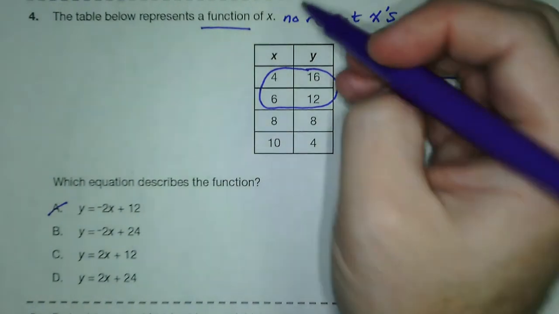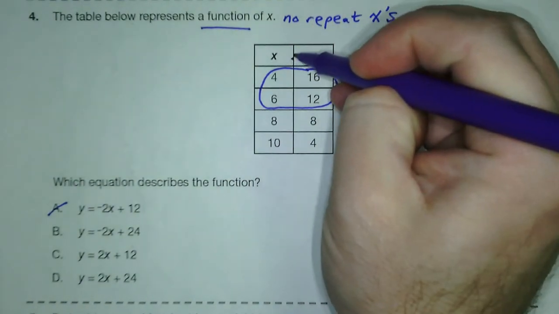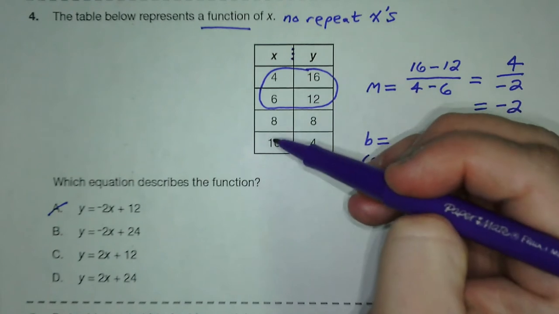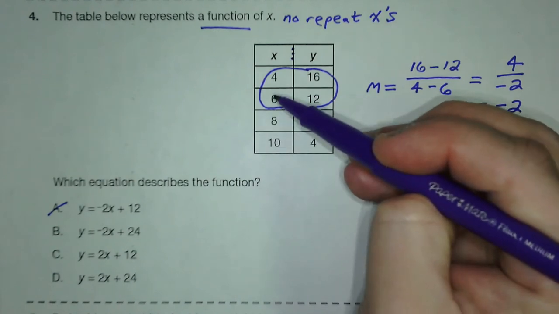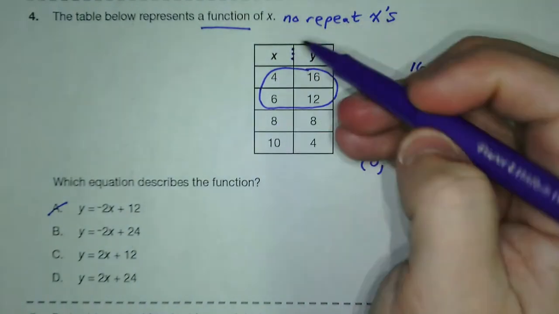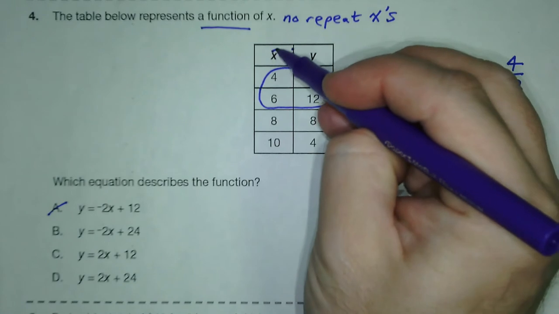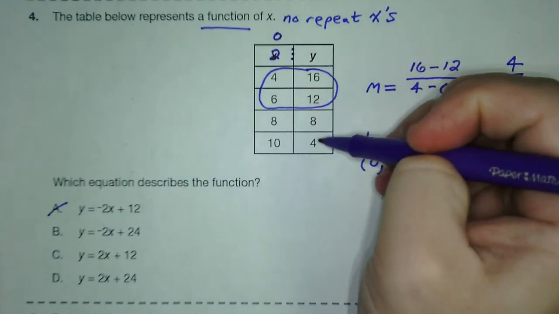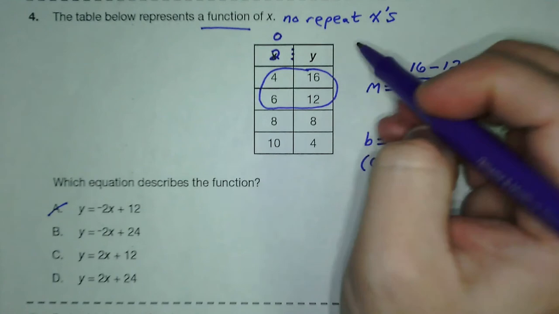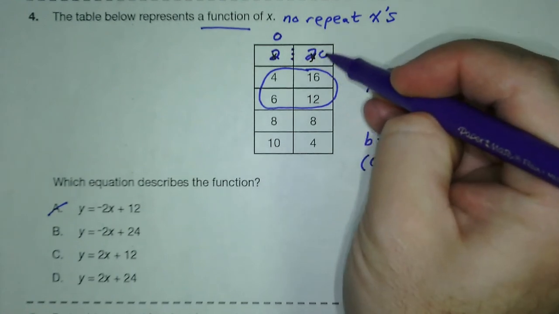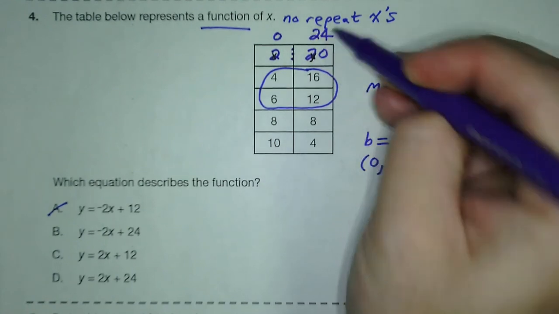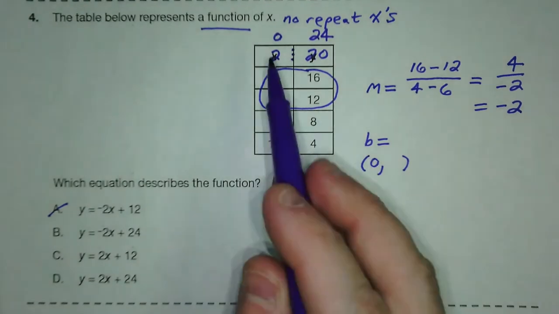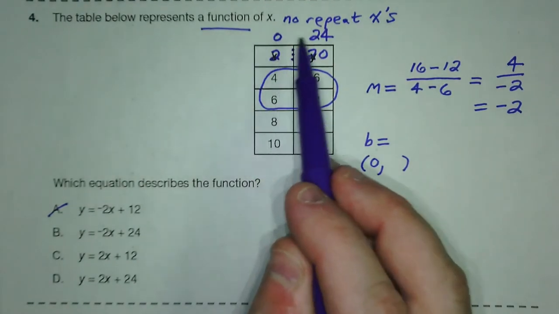Here's what you can do. You can trace this back with a pattern, like 10, 8, 6, 4. If you keep that pattern going in reverse, 2 and then 0. So what's the pattern? 4, 8, 12, 16, 20. That would be 24 for my b value, my y-intercept.